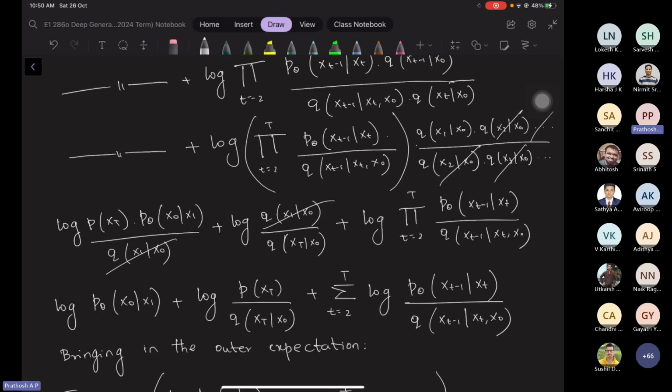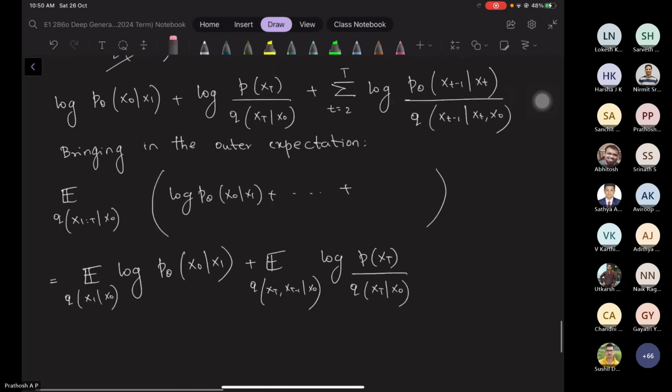Yeah, that should only be xt. Correct. This is only q of xt given x naught. Yeah, this is what it is.